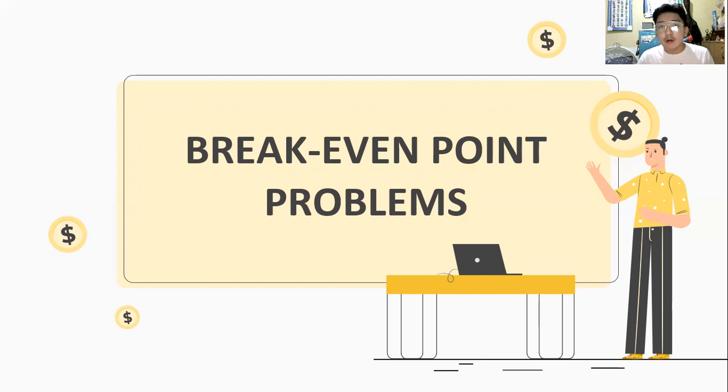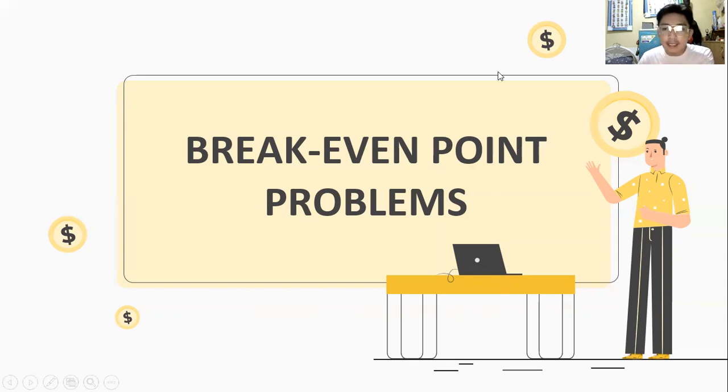And it is also the standard that if they produce or sell less than 10, for example 9 units of product, they would face a loss. So that's the importance of the break-even point, okay?